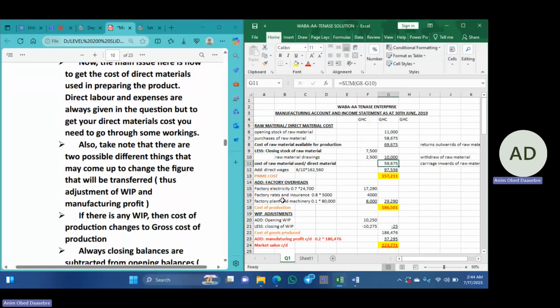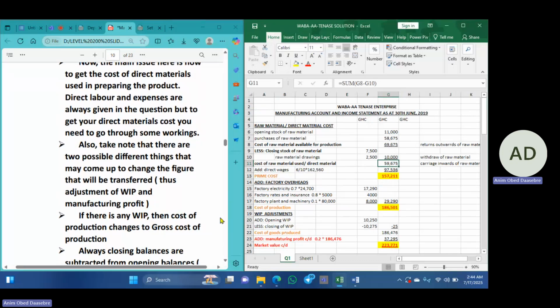So all the indirect costs incurred in the factory, that is indirect material costs, indirect expenses, and indirect labor incurred in the factory. You add all of these things to get your total factory overheads. Then you add it to your prime cost, and you get the cost called the cost of production.